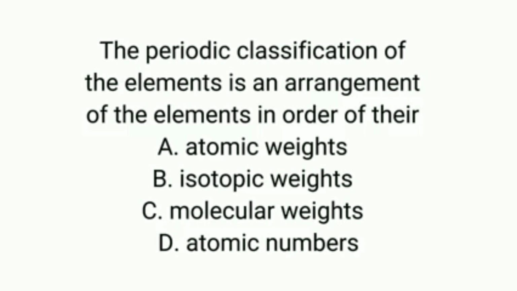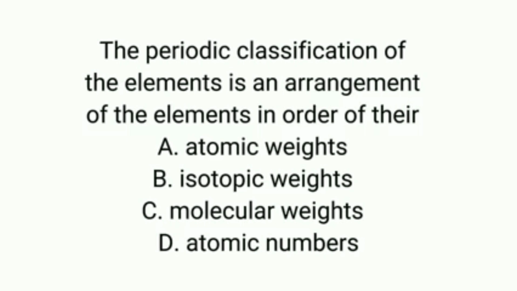And when it comes to the periodic table, the system on which the arrangement of the elements is based is increasing atomic number. Okay, increasing atomic number, meaning that if you have two elements, the one that has the lesser atomic number will occur first, while the one that has higher atomic number will occur later.